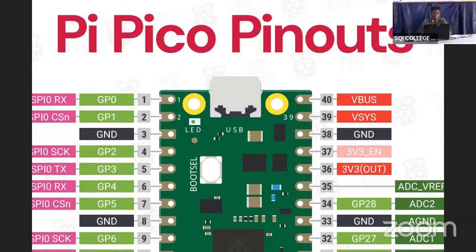The GP pins are the input pins. You can either send in signal or get signal from them. Those are your GP pins, GP0 down to GP28. Now, some of these GP pins are multifunctional pins. We have some pins that can perform ADC, which means analog to digital conversion.